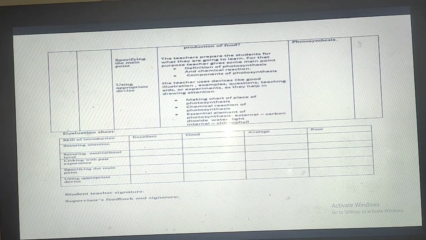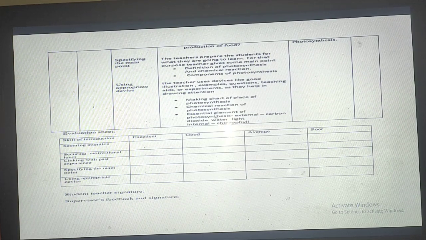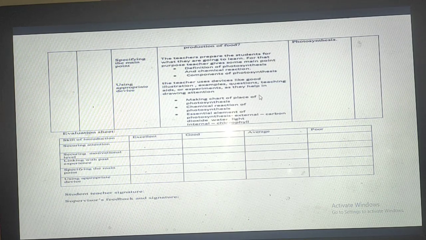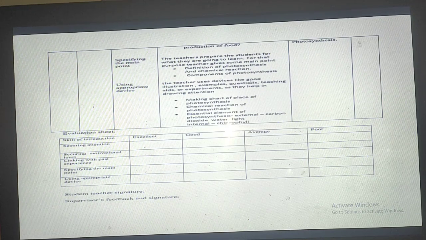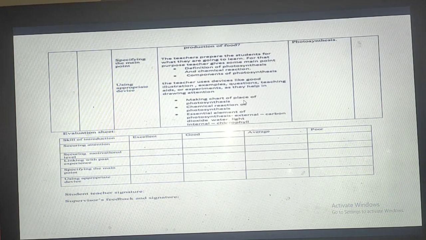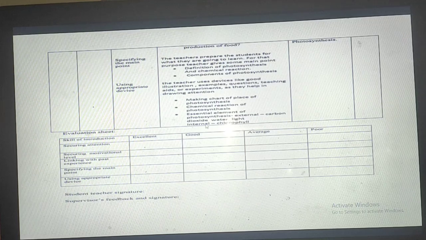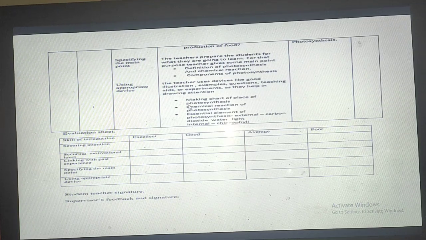Evaluation sheet. When the teacher trainees practice these skills in the presence of their students or classmates and an observer, the observer immediately gives feedback about the skill.